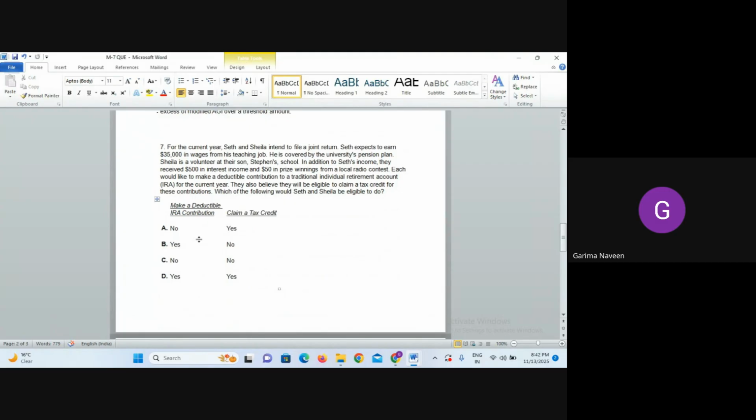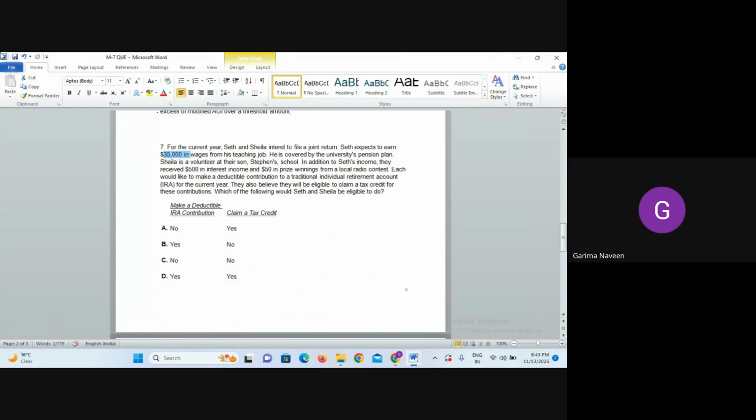Next question: for the current year, Seth and Shalya intend to file a joint return. Seth expects to earn $35,000 in wages from his teaching job. He is covered by a university pension plan. Shalya is a volunteer at their son Stephen's school.